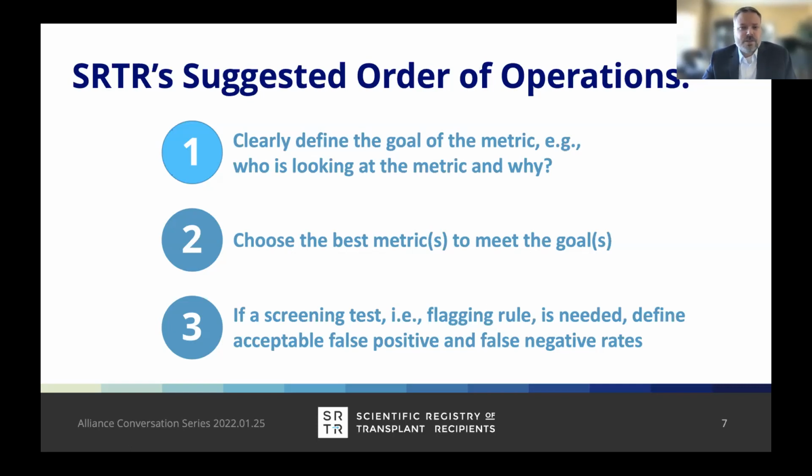So we can look at first-year graft and patient survival, and we can rank programs top to bottom and how they perform on that metric without ever describing a screening rule. And I think first-year graft and patient survival, maybe it's not the best metric to look at for a stated purpose, but it is a metric that we can look at. But the screening rule is a separate decision that is made by, in this case, the MPSC, and it has to meet the goals of what they're trying to achieve.